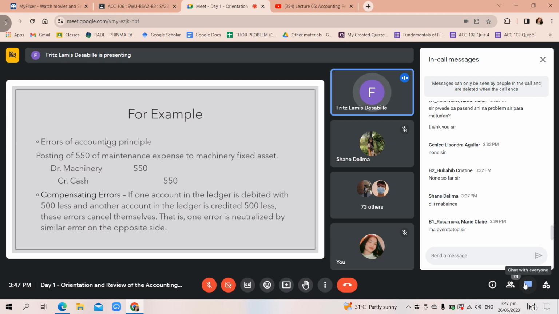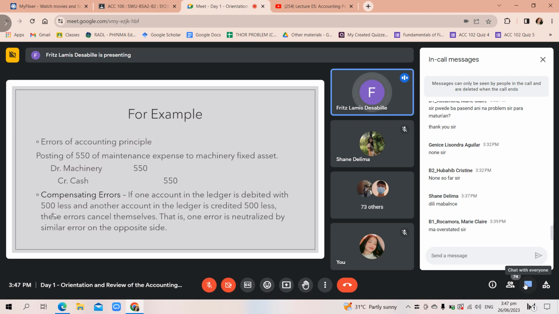So usually maintenance expense, especially this measly amount of 550 pesos, dili siya material, usually is debited to expense. However, gi-debit nimo to machinery. Dili siya ma-detect sa trial balance, kay naa may debit, naa may credit, balance gyapon, pero sayop ang pag-account. Dapat instead nga machinery, ang i-debit dapat maintenance expense. Ano siya? Errors of accounting principle.